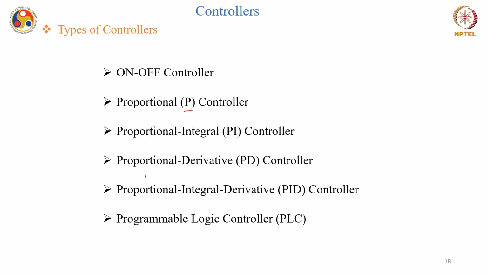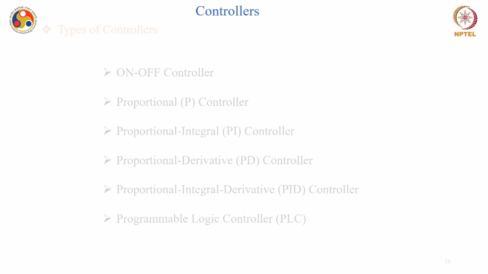We have the proportional derivative or PD controller. We also have the proportional integral derivative PID controller, which is very popular. Then we have the programmable logic controller, PLC. This PLC is a kind of digital controller. We will see this in detail. But before we proceed to PLC, let us see all these kinds of controllers in brief.